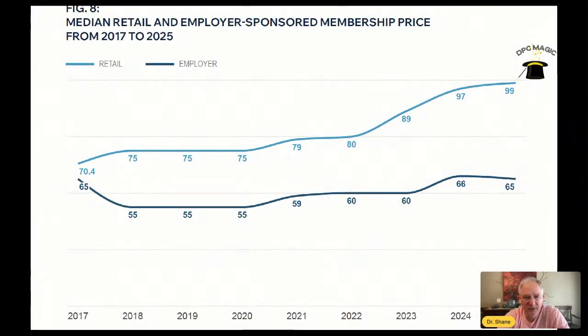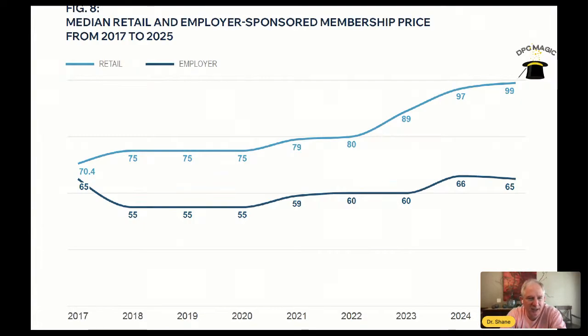And it's been kind of a steady trend. If you look at this graph here, the difference between employer pricing and retail pricing, this is the median. So the median cuts off any dramatic highs or dramatic lows. So it gives you a little better average, if you will. The median price for retail is $99 this year, and $65 for employer based.